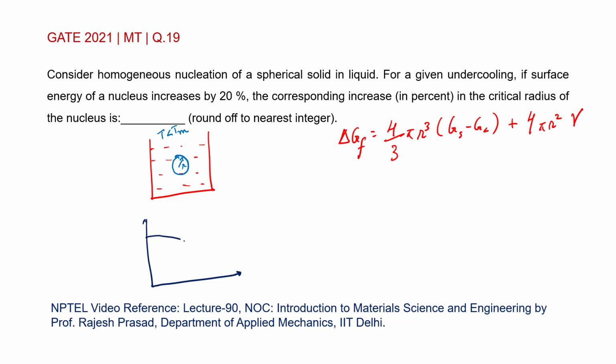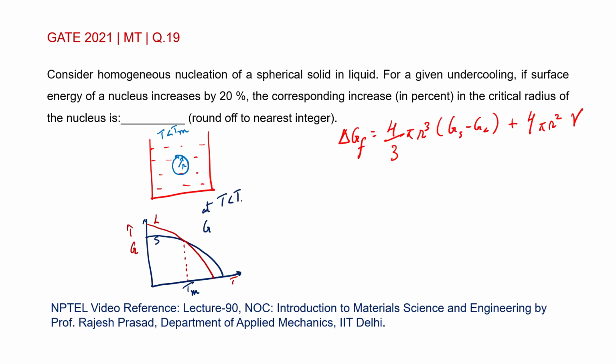The G versus T curve. The temperature at which the Gibbs free energy for solid and liquid will be equal is known as the melting point temperature. At the melting point temperature, the Gibbs free energies of solid and liquid are equal, so the system is stable.